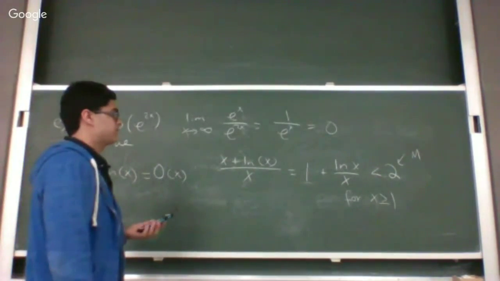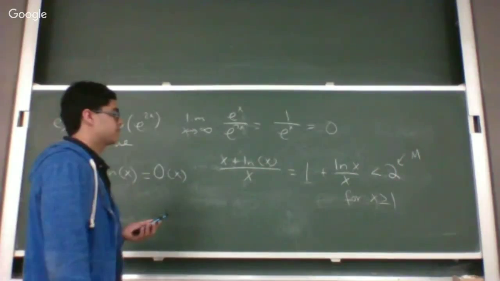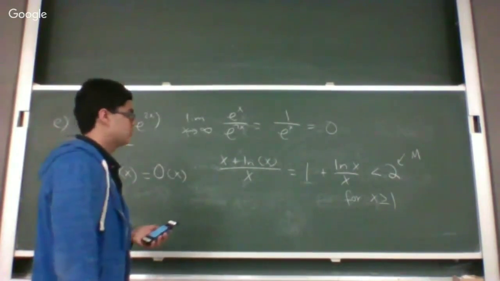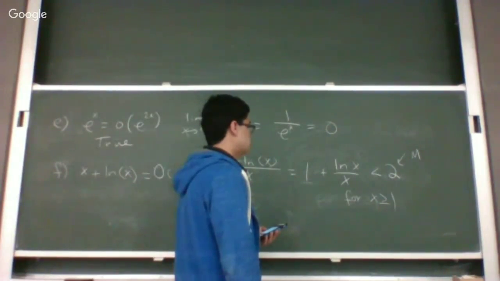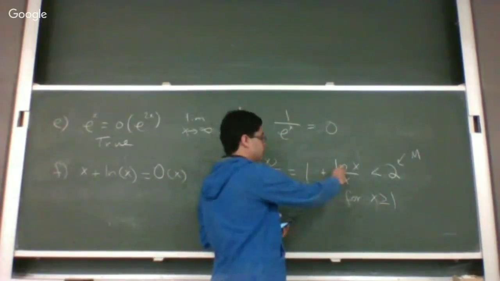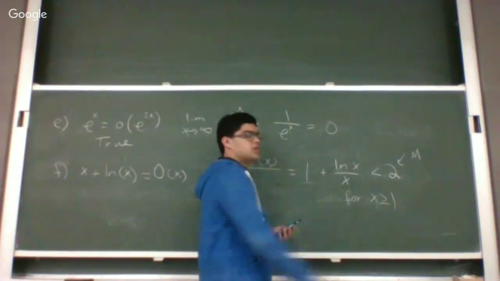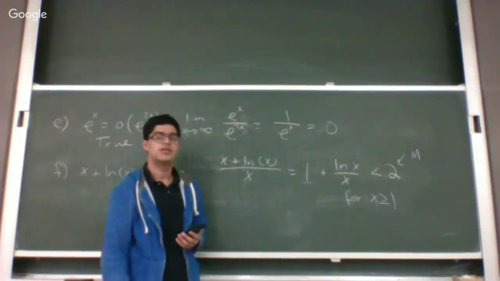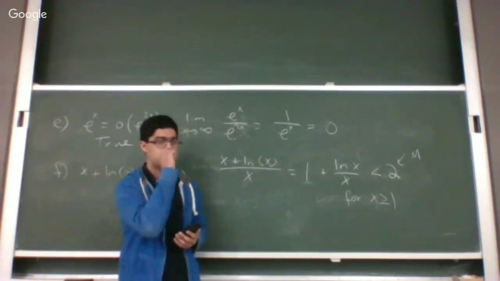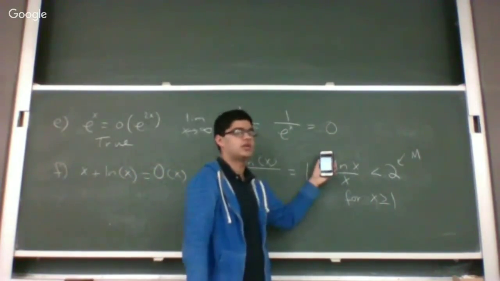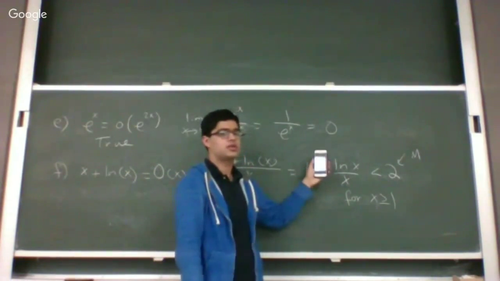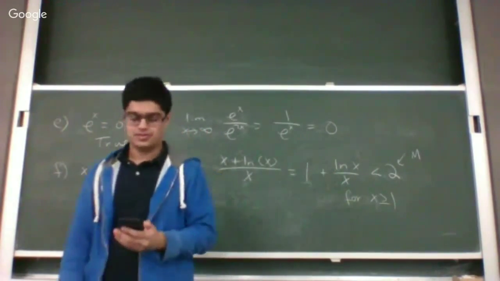How did you know that was less than 2? Because I don't think the natural log will ever be bigger than x.